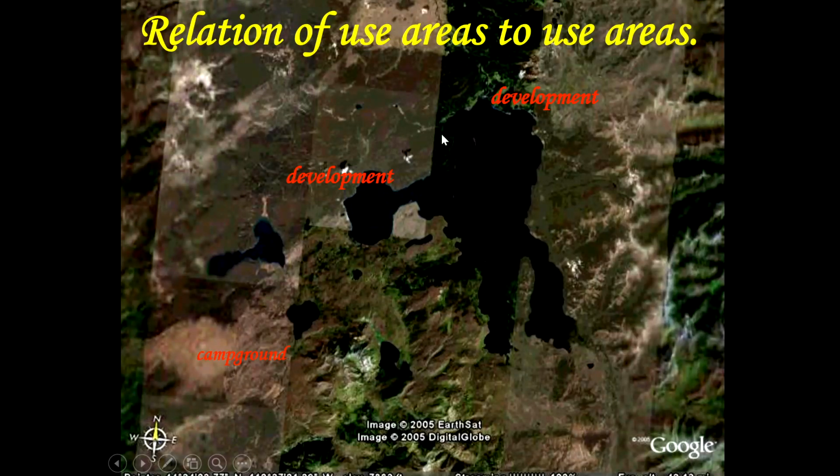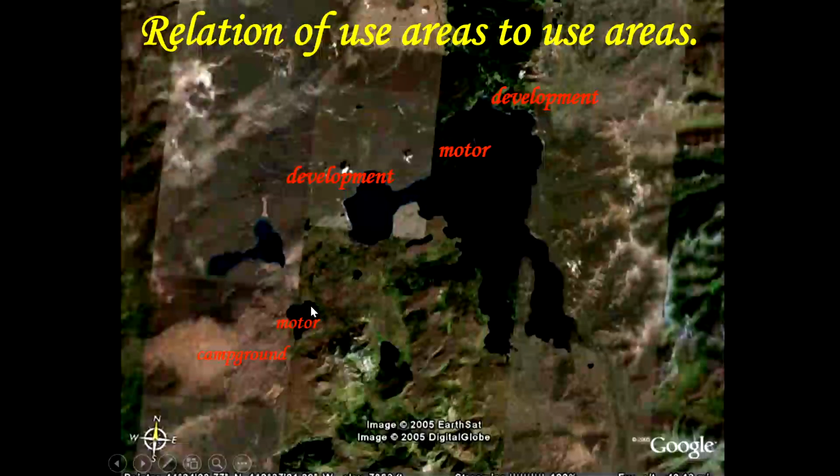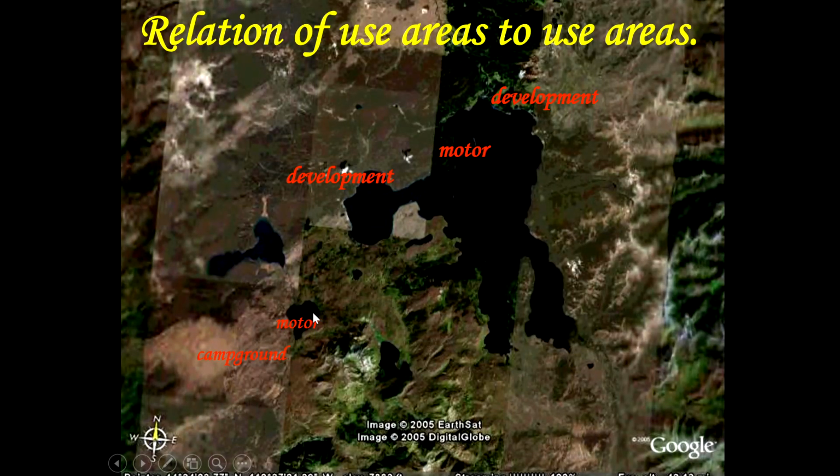So let's look at some of the decisions that the park has made looking at use areas within. Small motors are allowed on Lewis Lake. People can fish there. I don't know if there's a horsepower restriction. There might be under 10 horsepower, something like that. And then this part of Yellowstone Lake, you're allowed pretty big boats in there. You're at 7,000 feet. It's not exactly water ski temperature lake, but pretty big boats are allowed in there.